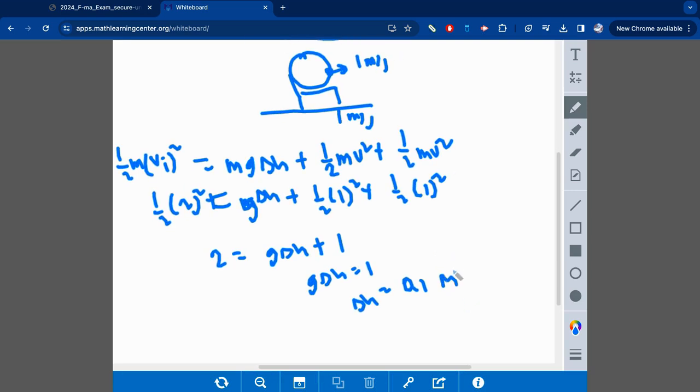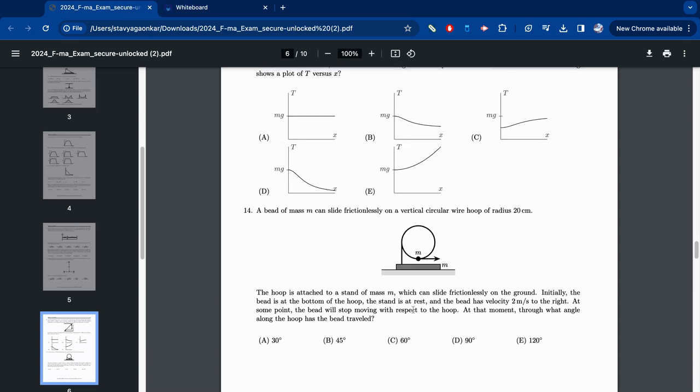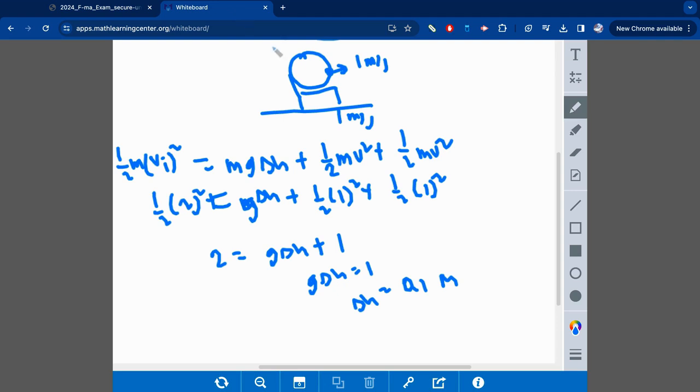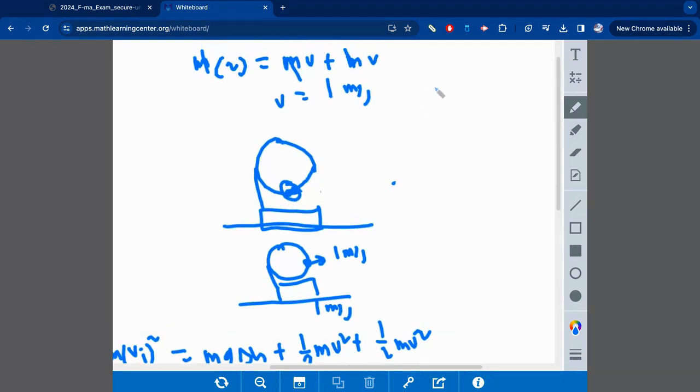And so, okay, how does h compare to r? So r is 20 centimeters, which is 0.2 meters. So basically h is just, if this is the hoop, then if we draw this, this is theta.